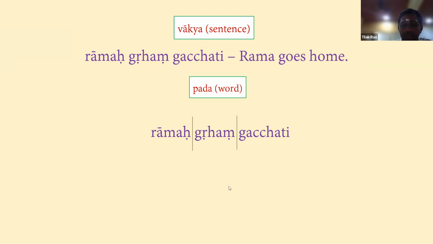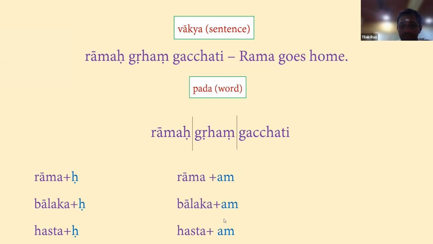Again, this can be divided further. As we use Balakaha, Hastaha, we can say Ramaha, and Gramam. So Ramam, Balakam, Hastam, Gramam. Ha is common in all these words, like Ramaha, Balakaha, Hastaha.